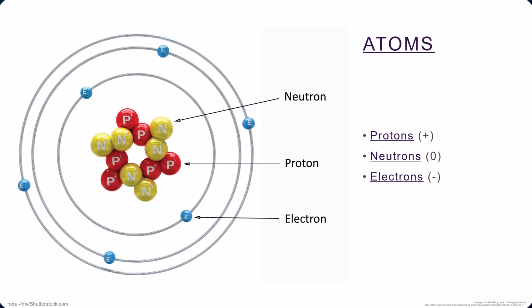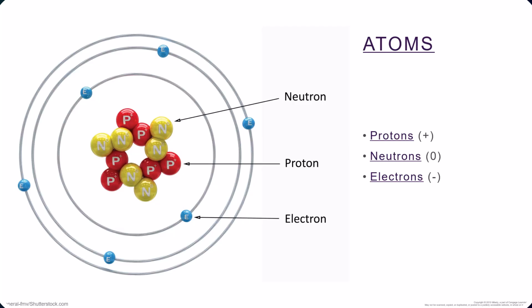In each element, we have atoms, which are the basic unit of matter, and they consist of a nucleus in the center, surrounded by negatively charged electrons that move around the nucleus. Inside the nucleus are protons, which are very, very tiny subatomic particles that have a positive charge, and neutrons, which are also very tiny particles that have no charge, or are neutral.